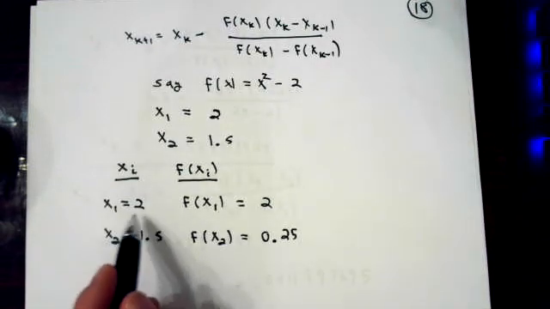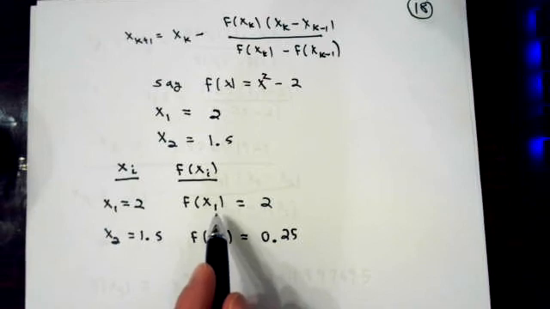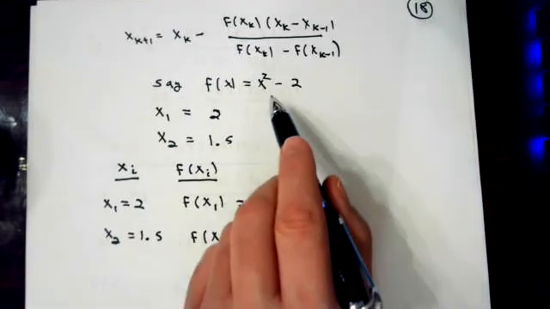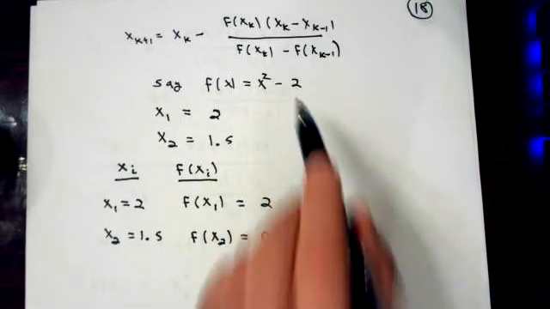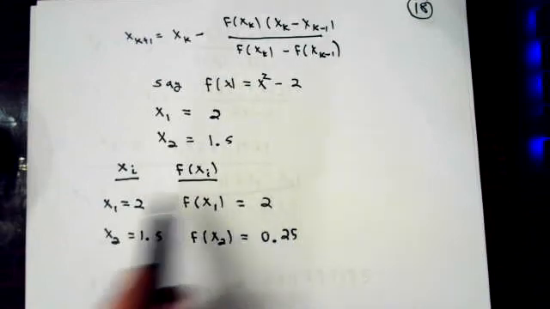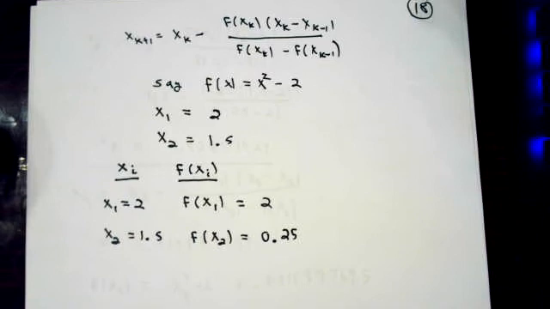So x₁ is 2, f(x₁) is 2 squared minus 2, which is 2. x₂ is 1.5, f(x₂) is 1.5 squared minus 2, which works out to be 2.25 minus 2, which is 0.25. These are going to be the first couple of pairs of numbers in my table, and as I continue calculating, I'll use previously calculated function values so I don't have to repeat myself.